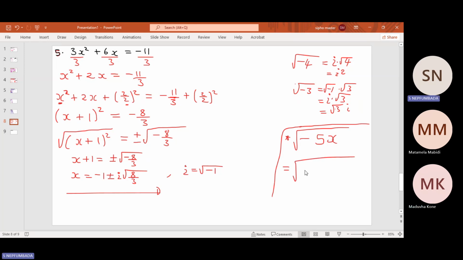Let's say this is it. If we're cheating for maths, and we know that this is the same as square root of i squared multiplied by square root of 5x.